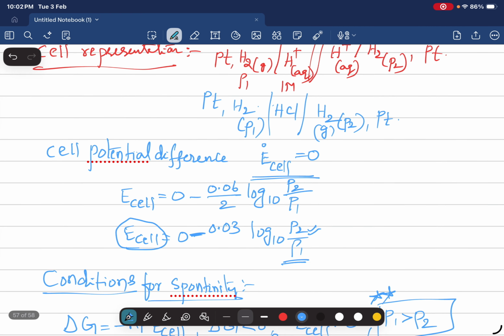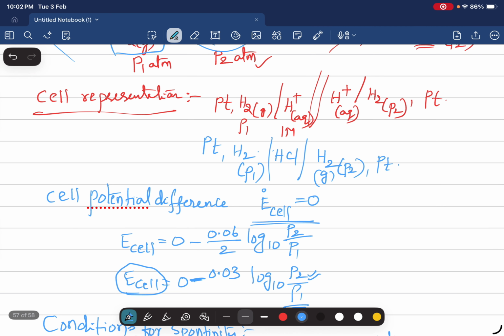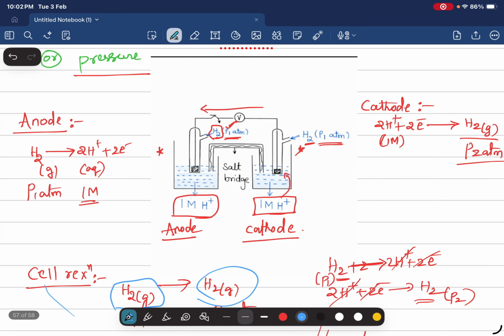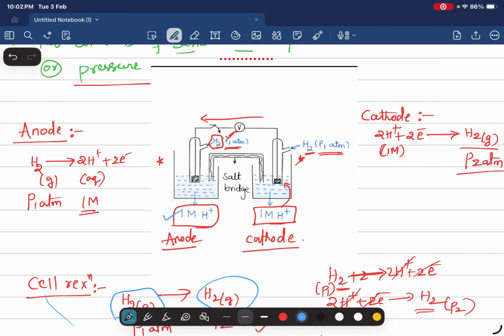Hope it is clear, students. Here two electrodes are with the same concentration and the same electrodes, but pressures are different. So the pressures drive this process, so that at the anode oxidation happens and at the cathode reduction happens.